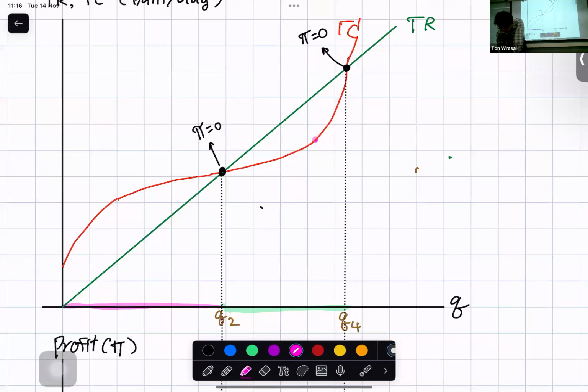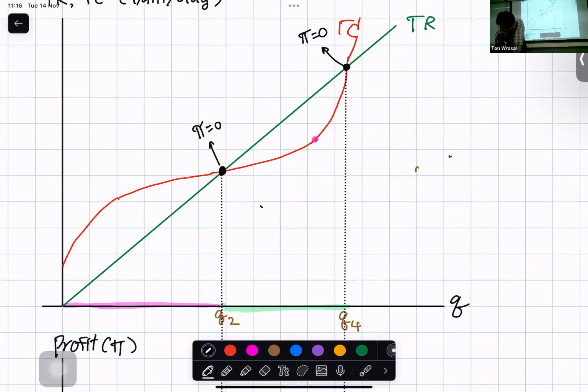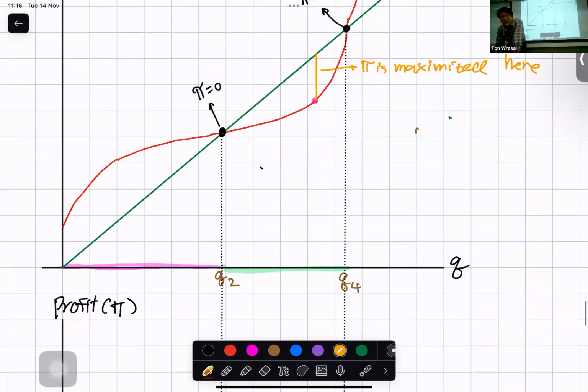Maybe mine is about here. The biggest gap. Okay, let's call this Q3. This place.